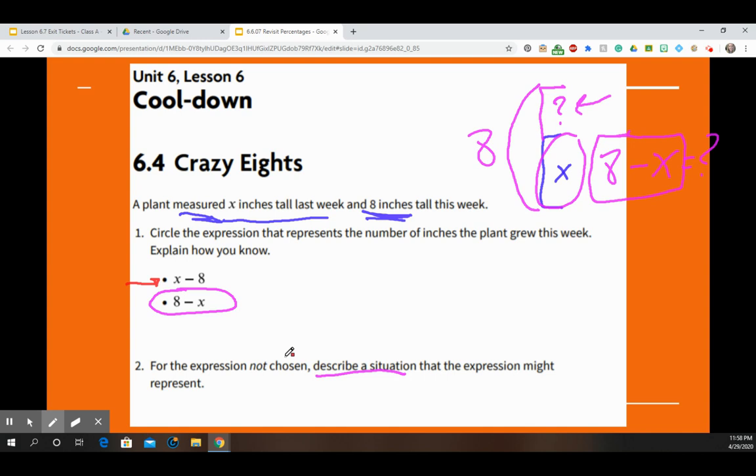How many more inches did it grow? Or maybe there were some cookies in a box. I ate 8. How many are left? Right? Those would represent that situation. Okay. So go ahead and jot down anything you want to in your notebook and press pause. When you're ready, press play and we'll move on.